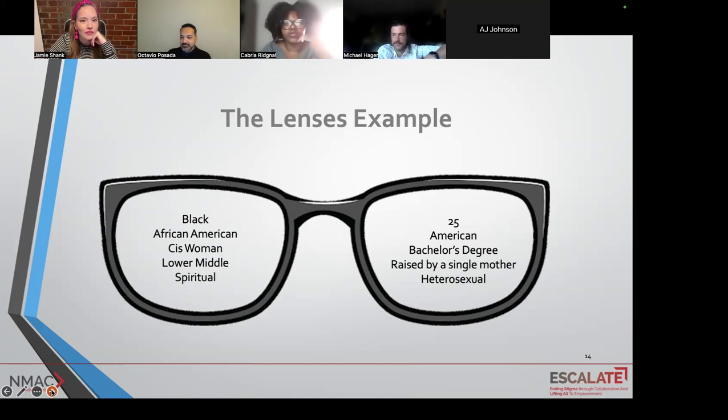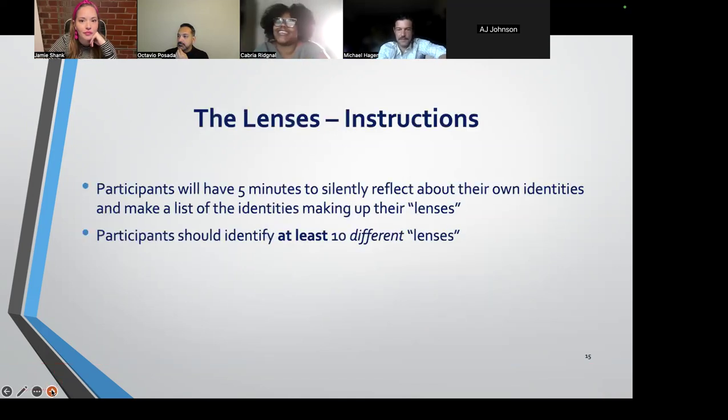With this activity, we hope that you all can identify some of these lenses and foster additional conversations on how you view the world. I'll give you some instructions on the next slide. We'll do some breakout rooms. We'll have 5 minutes to reflect on our own identities.